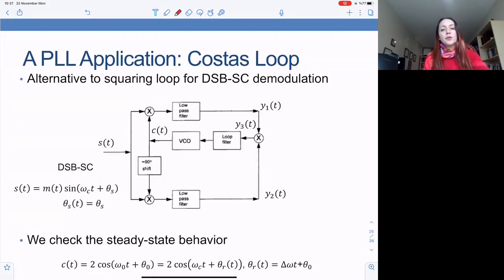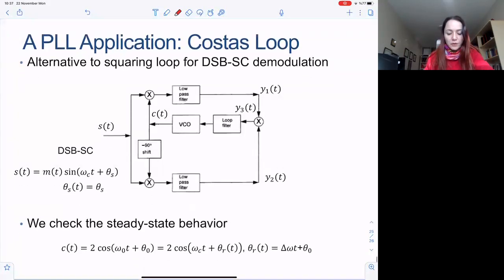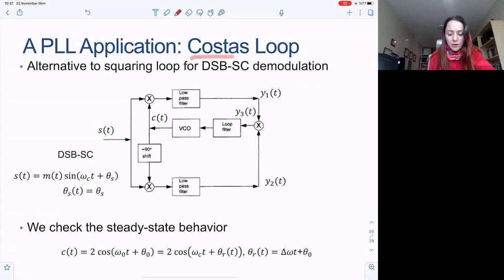So another classical application of the phase lock loop is the Costas loop. This is an alternative to the squaring loop that we saw for double sideband suppressed carrier demodulation. We saw the PLL for FM demodulation, but this PLL application, which is known as the Costas loop, works for double sideband suppressed carrier demodulation, just like the squaring loop does.